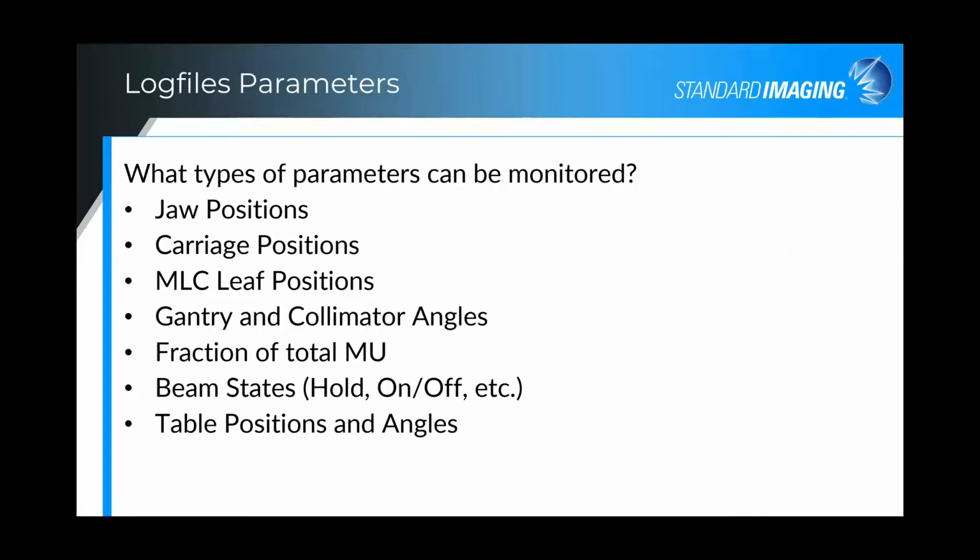We've collected the log files at whatever rate your Linac is able to acquire them, and then we can use those to make direct comparisons of the multiple parameters that are collected. These parameters are things such as the jaw position, carriage positions, MLC leaf positions, gantry and collimator angles, monitor units, beam states, and cable positions and angles.